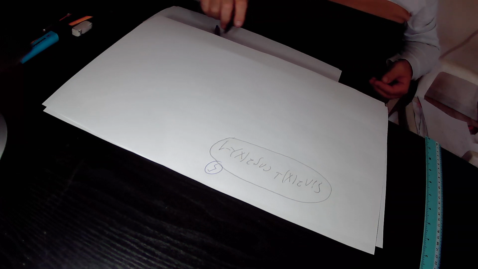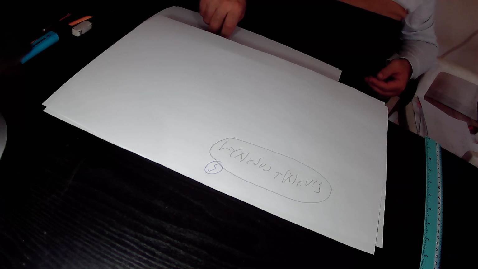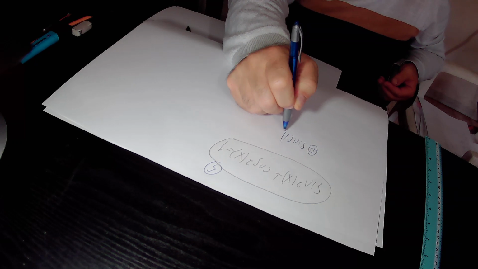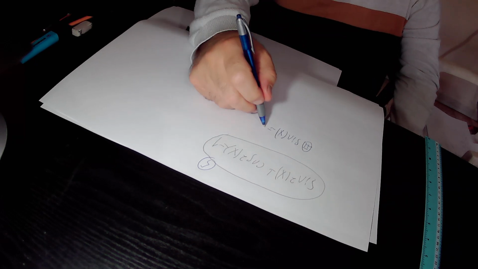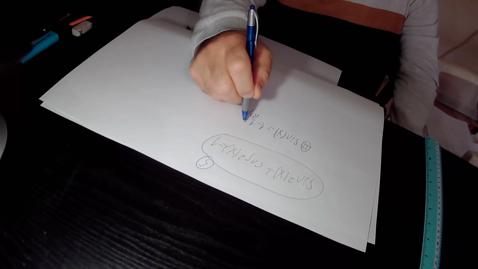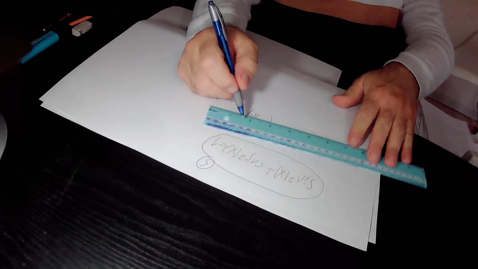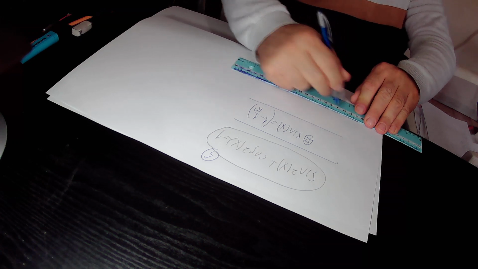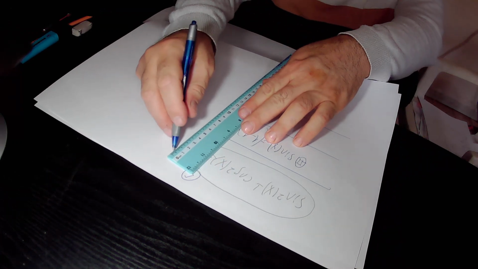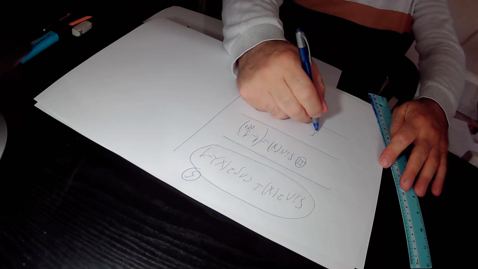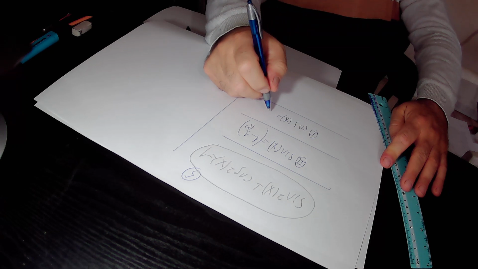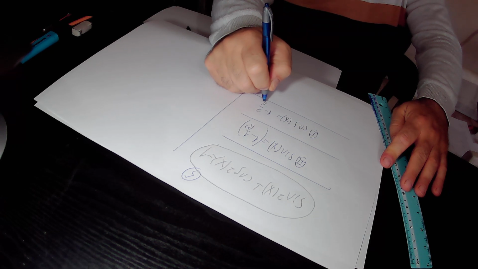We already found out that, according to equation 2, sine x equals 1 minus 1 over r square, and according to equation 1, cosine x equals 1 minus 2 over r squared.